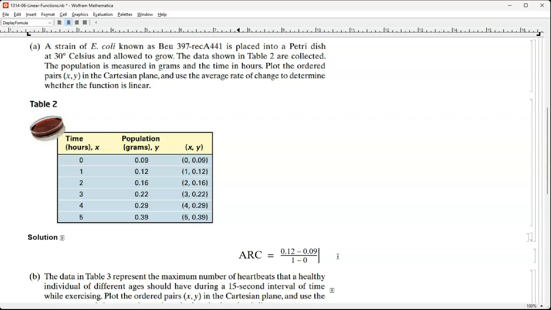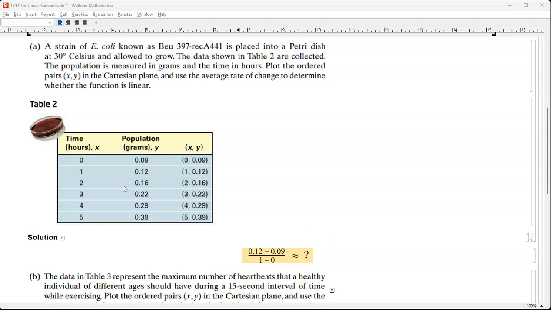Let me expand it a little bit. But is that the only way to do it? Well, let's see. Yeah, let's write it like this.